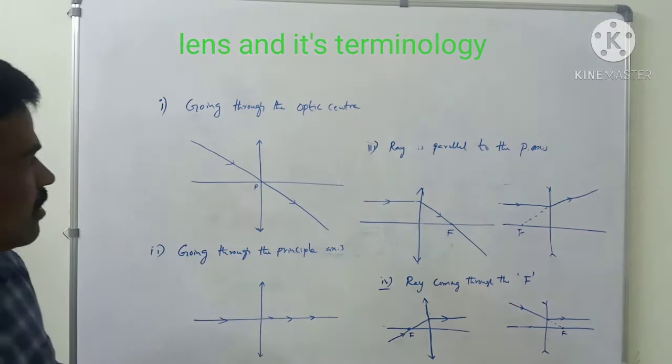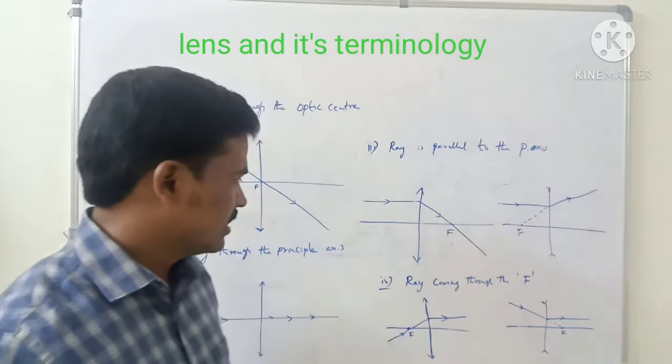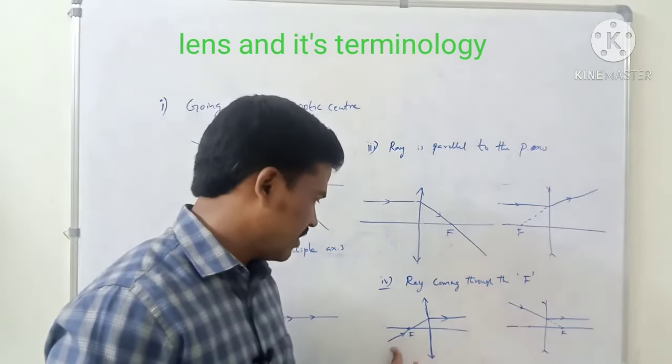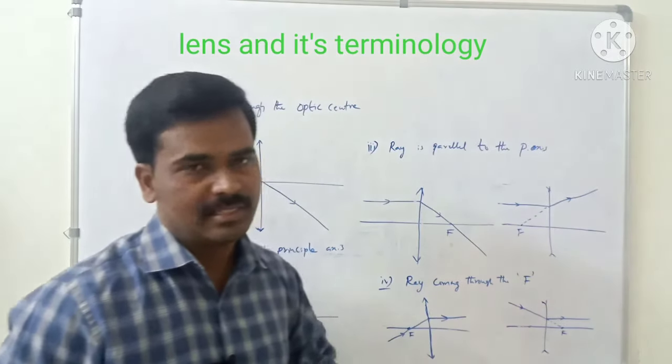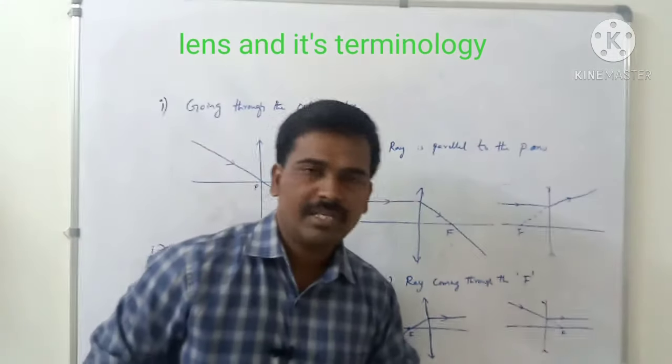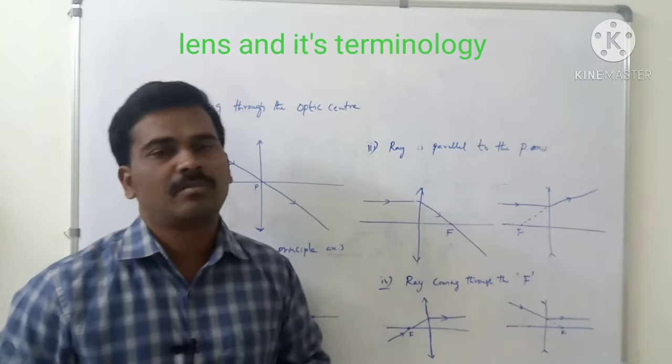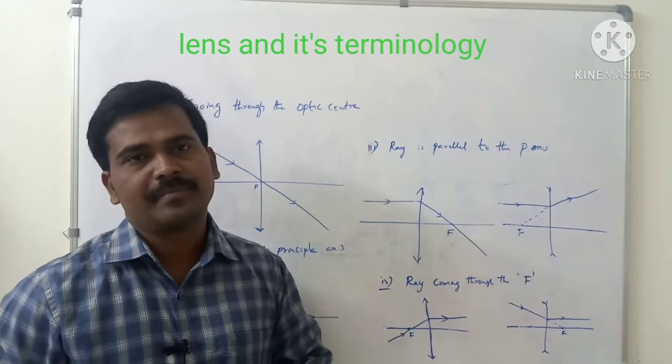The second is the ray going along the principal axis, which doesn't deviate. The ray coming parallel goes to the focus. The ray coming from the focus goes parallel to the principal axis. In the next class, we will discuss how images are formed by the lenses.